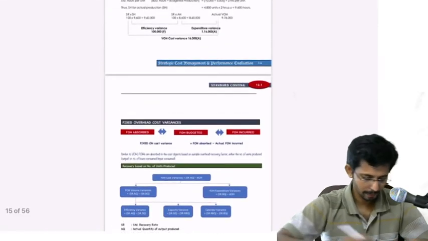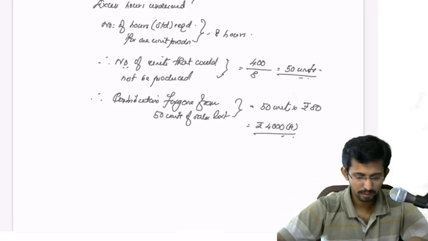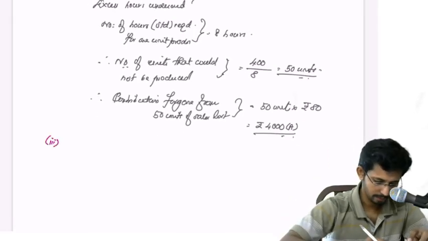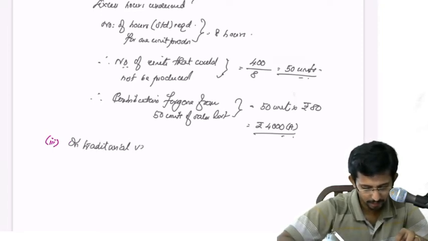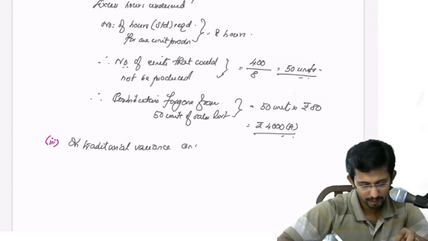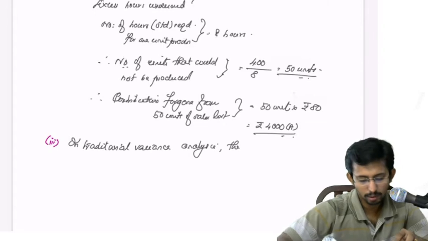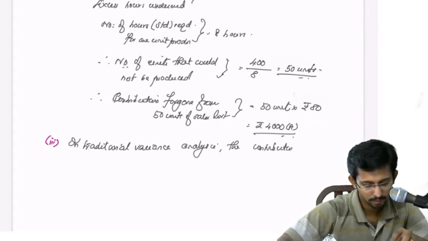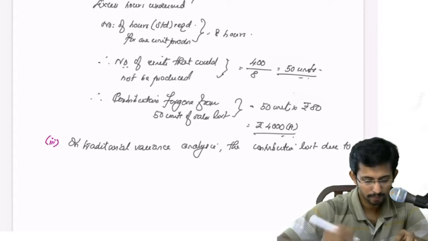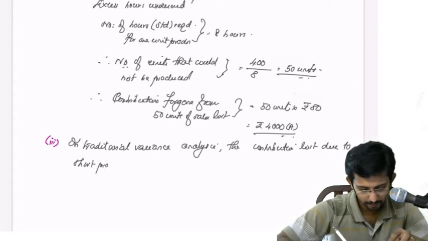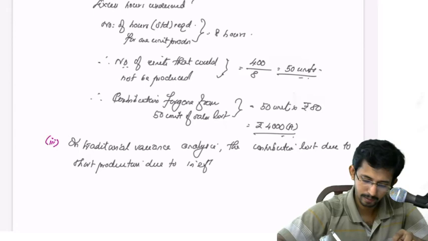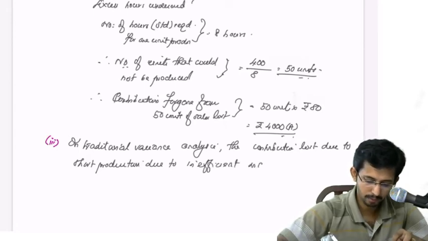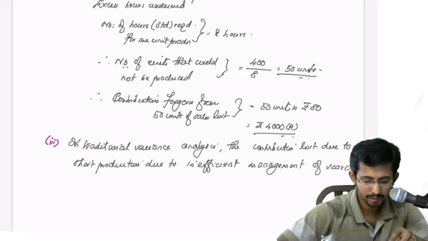Okay, so you can write, third one. In traditional variance analysis, the contribution lost due to short production due to inefficient management of scarce resources.